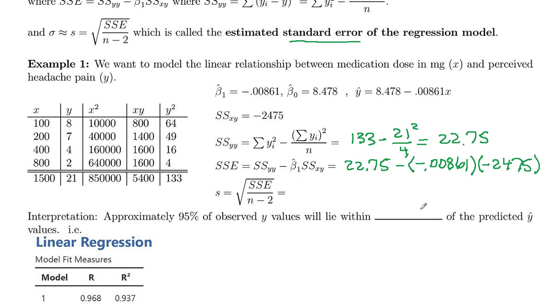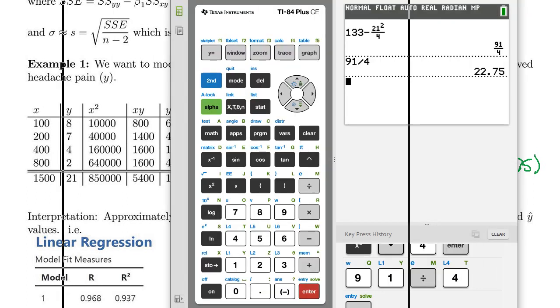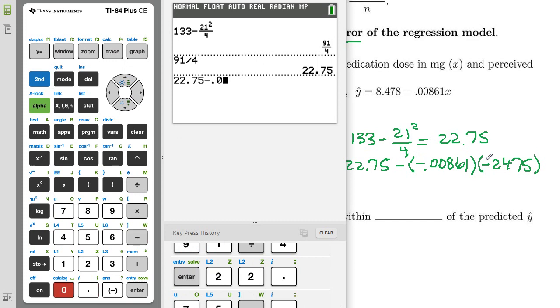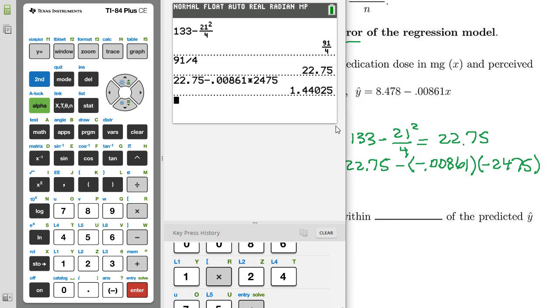Let's compute that quantity on the calculator. 22.75, and the double negative makes a positive times another negative is negative, so minus 0.00861 times 2475, which gives 1.44025.